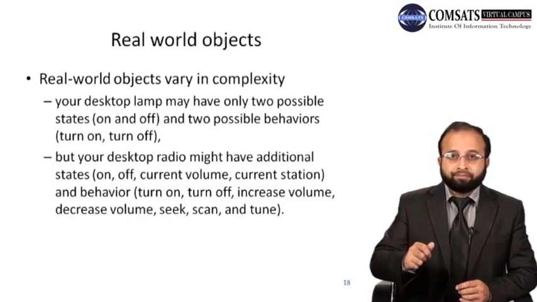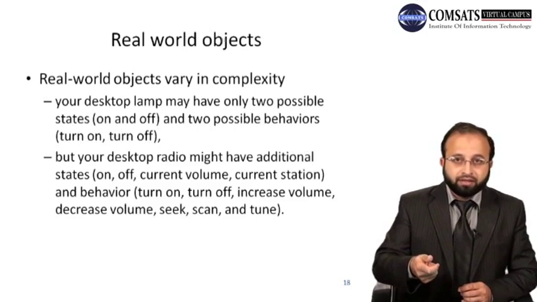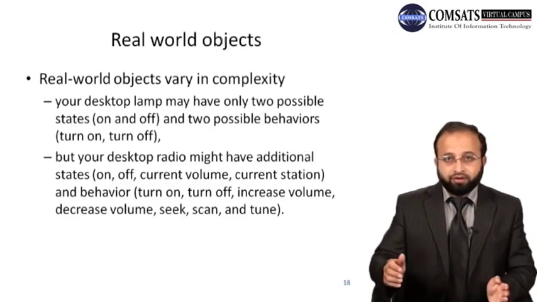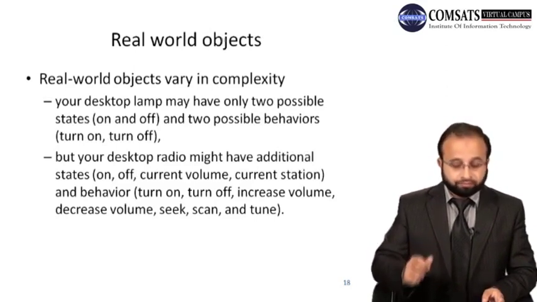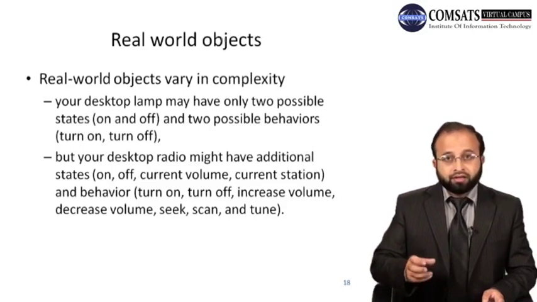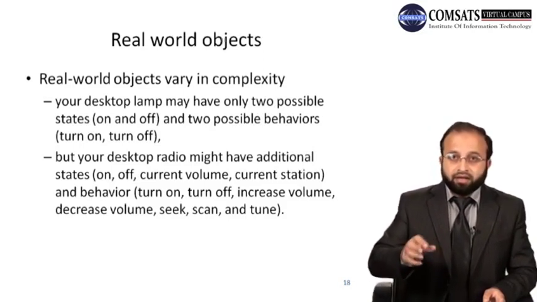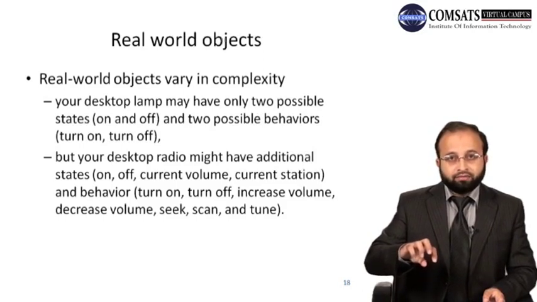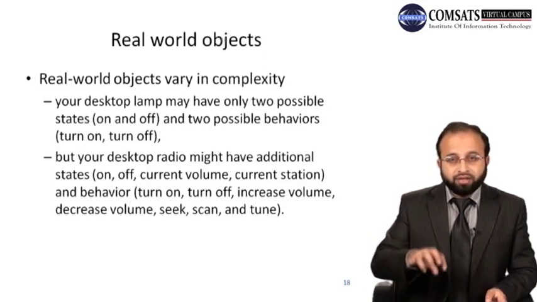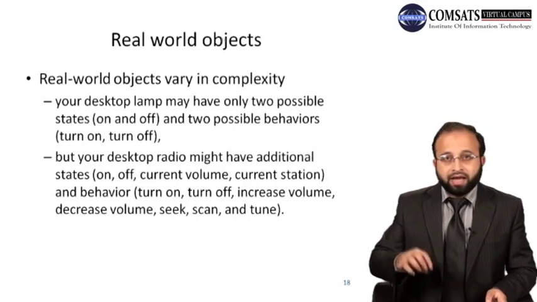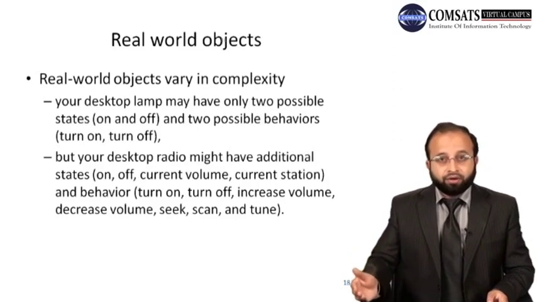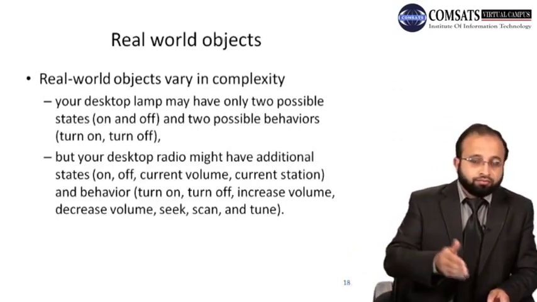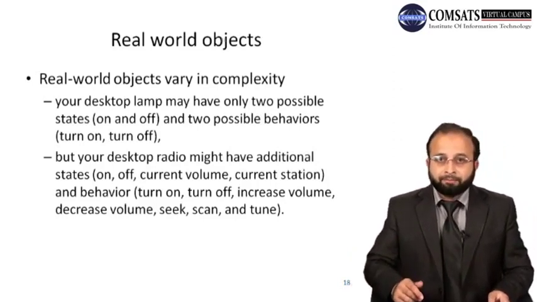For example, there is an interface provided by the desktop radio object, and that interface is some kind of dial through which you can increase or decrease the volume, right? So you can turn that dial to decrease the volume, and this means that you are executing the behavior of decreasing the volume, and as a result the state of that radio, which is current volume, is changed from 10 to 7, let's say, right?